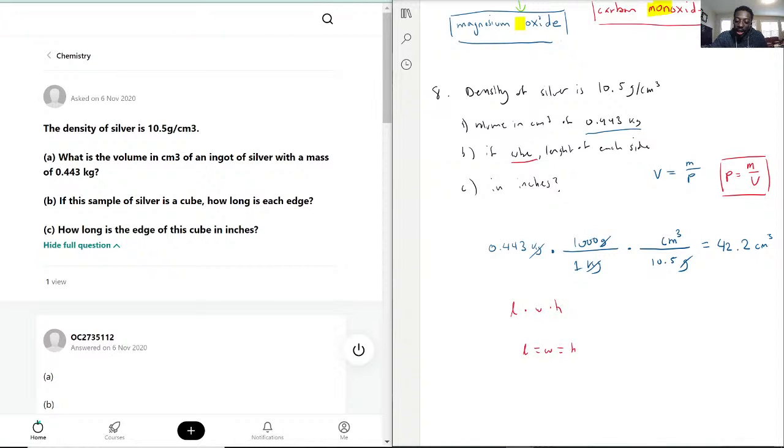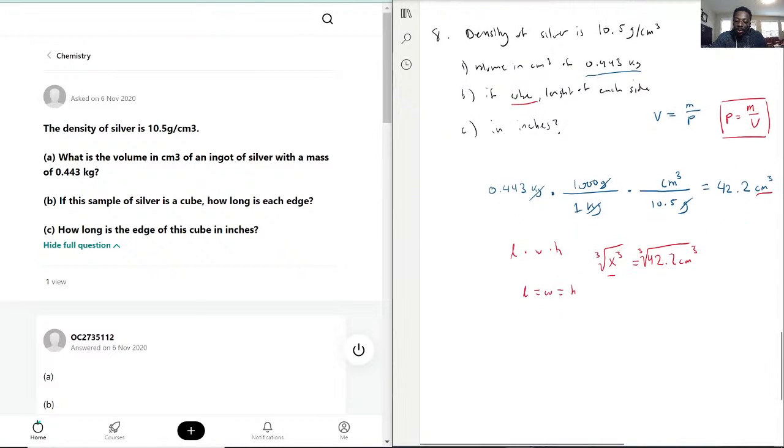So that would mean we just have 3 of the same things cubed, hence how we have centimeters cubed. So to find just x, since we know that the total volume is 42.2 centimeters cubed, we have to now take the cube root of the 42.2, and that's how we get what just x is.